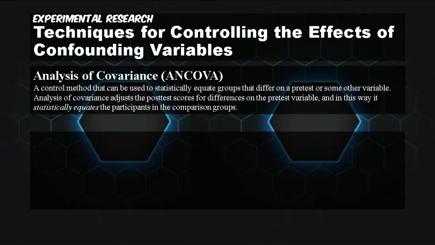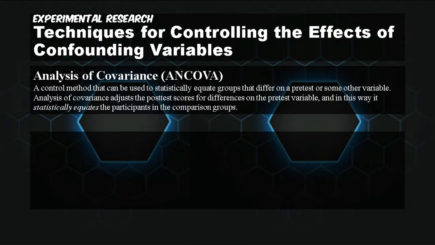Here is another technique. It's called analysis of covariance. This is a statistical technique done when, initially in the first stage of the experiment, your comparison groups are non-equivalent. They have dissimilar characteristics, perhaps in IQ or level of anxiety.